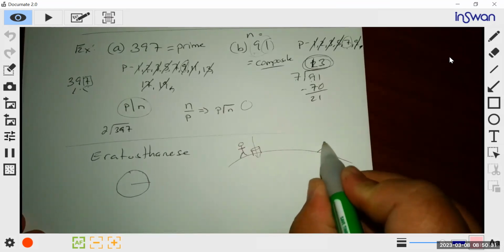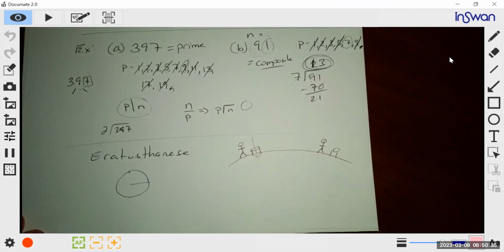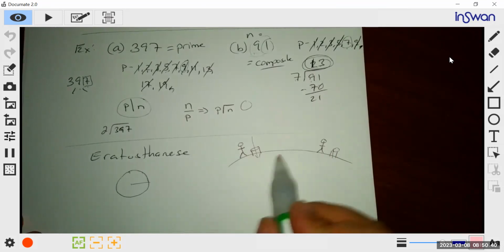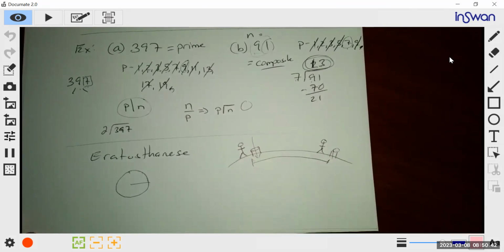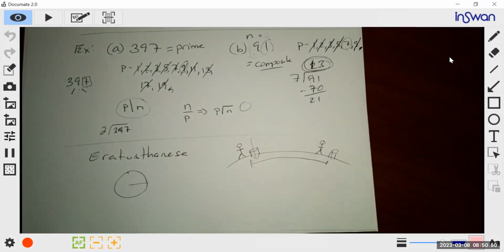But he also had a friend at the same time look at his water well a good distance away from Alexandria, and the friend noticed there was a shadow in there. Because of the shape of the shadow inside that well, he determined the angle.